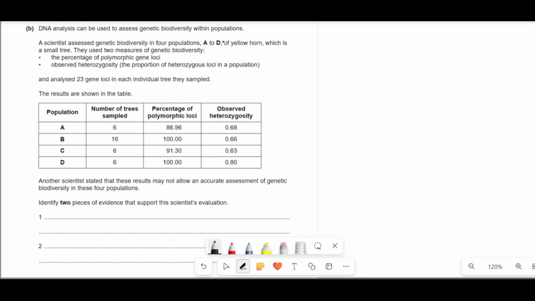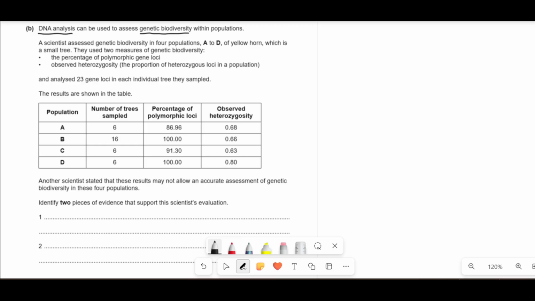So what are they trying to do again? They're doing DNA analysis to test biodiversity in a population, and this person's saying that these results might not allow for that. If we have a quick look, population A, they've sampled 6 trees, and there's 86.96% polymorphic loci and observed heterozygosity of 0.68. Here they've done 16, and 100% have polymorphic loci.